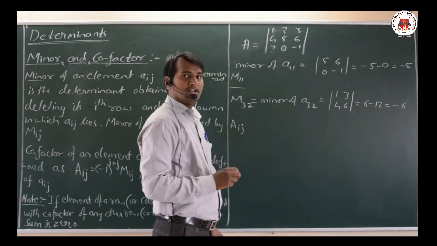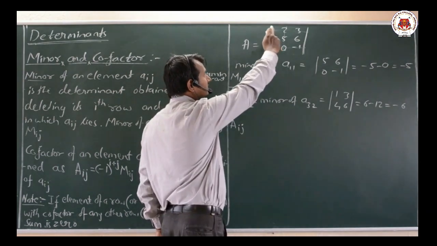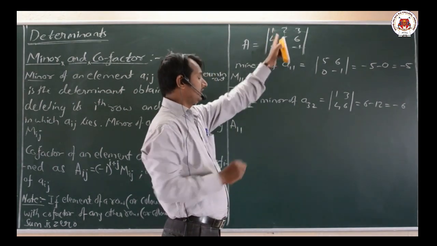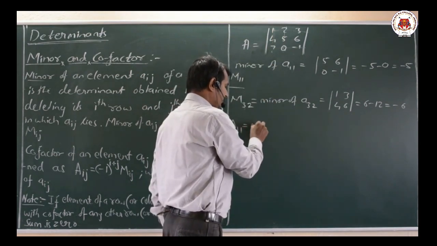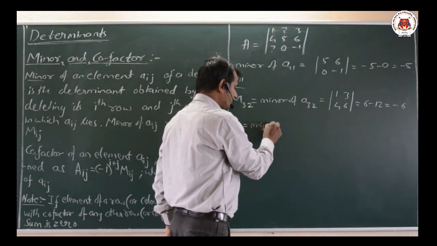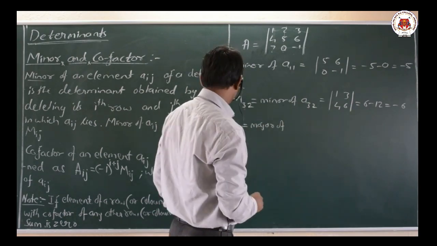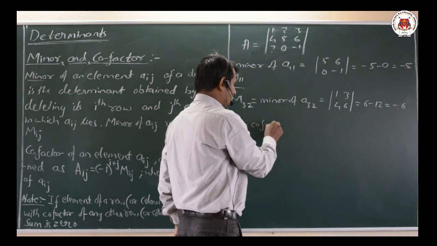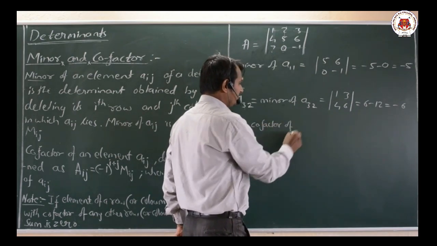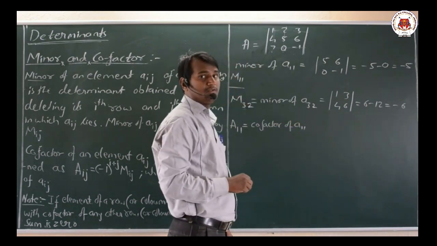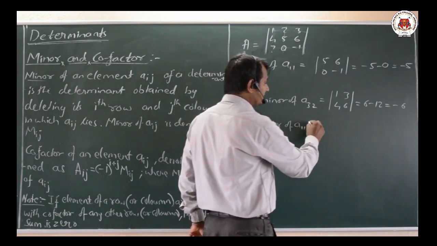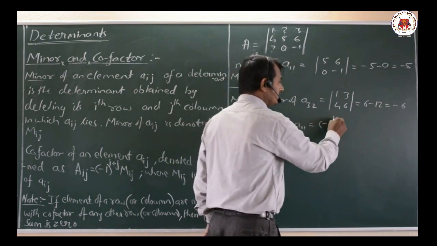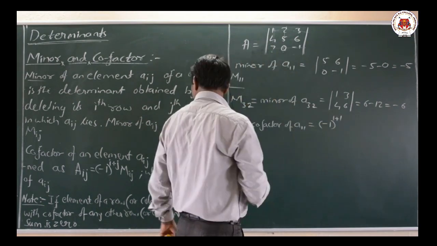Now let us find the cofactor of A11, the element 1. It is defined as minus 1 to the power of first row, first column, that is 1 plus 1, into Mij, which here is M11.